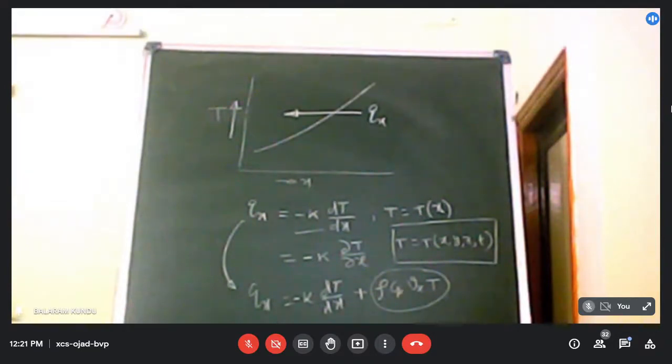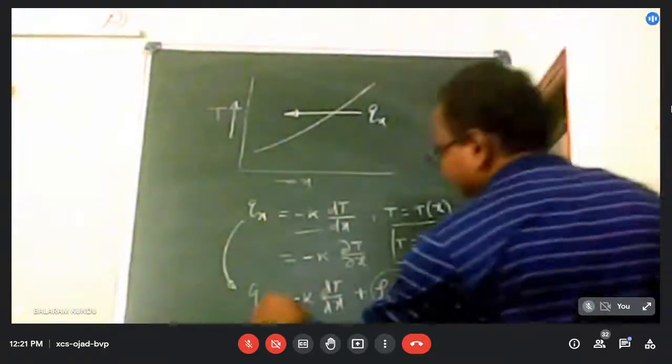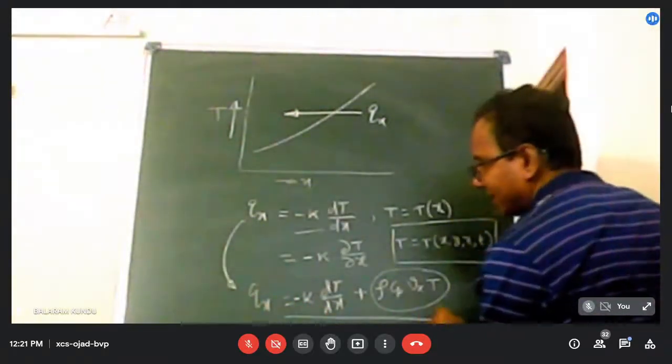Say at x equal to 0 you will get one T value, and at x equal to 0.5 you will get another T value. So that local temperature, T as a function of x, should be considered. For understanding, say Qx is your heat flux in the x direction.